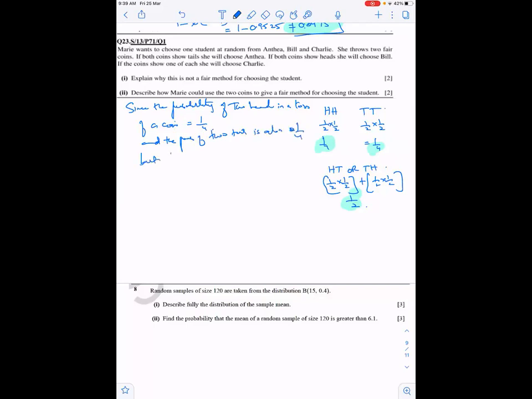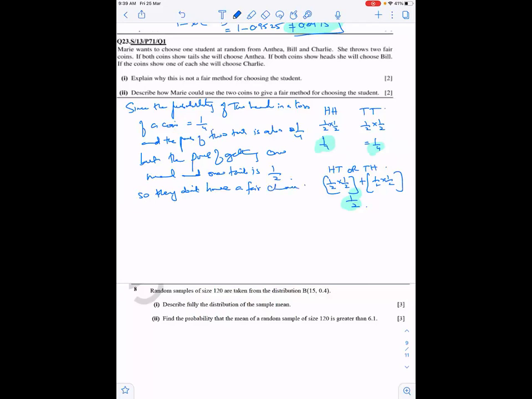But the probability of getting one head and one tail is 1 upon 2. So they don't have a fair chance of getting selected.